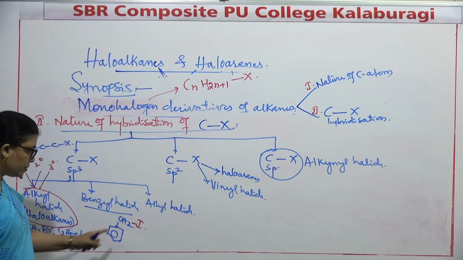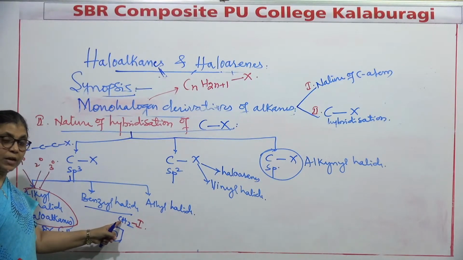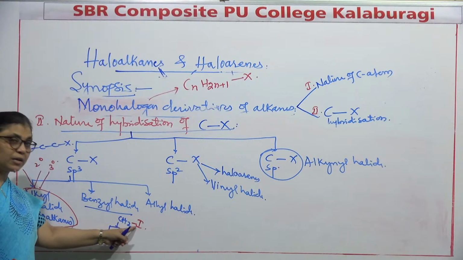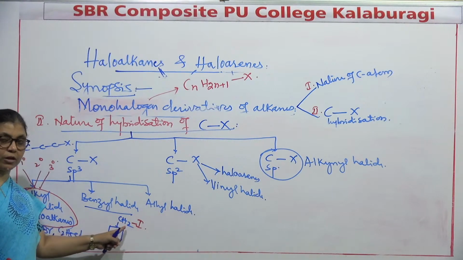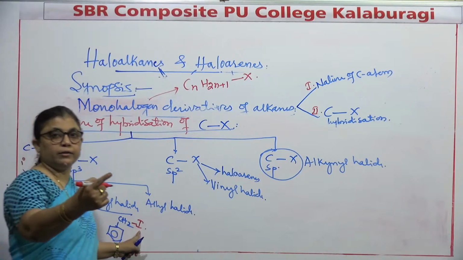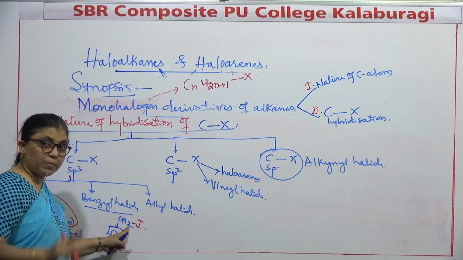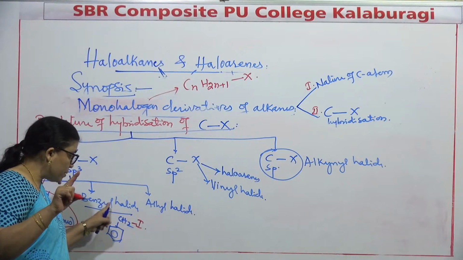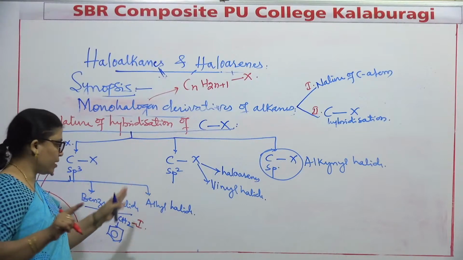Whenever we are dealing with this carbon atom, one of the hydrogen atoms is replaced by I. Benzyl iodide. Remember, this also may be primary, may be secondary, may be tertiary. I'll take some examples after this.